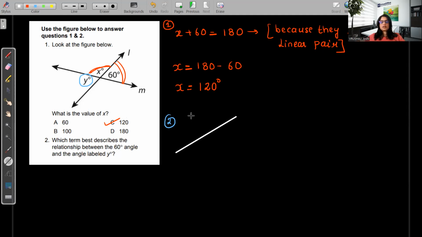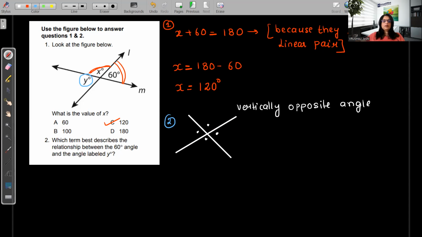When two lines intersect each other, at their intersection, we have two angles that are formed, correct? This angle and this angle, or this angle and this angle. What are they called? These are called vertically opposite angles, correct? So is that the same relation? Can you see this? Obviously, because 60 and Y are across the intersection point.